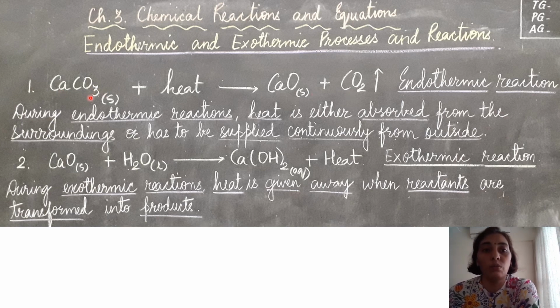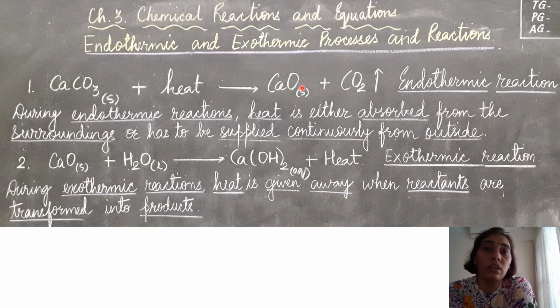So calcium carbonate, when it is heated, heat is absorbed to break the bonds and finally get converted into products. So since heat is absorbed during this process, it is an example of endothermic reaction. So here the only difference between what we have studied in the previous slide, that is of potassium nitrate, it was absorbing the heat from surroundings, whereas here calcium carbonate is absorbing the heat that we are supplying.